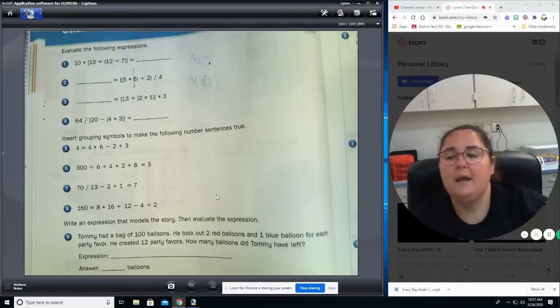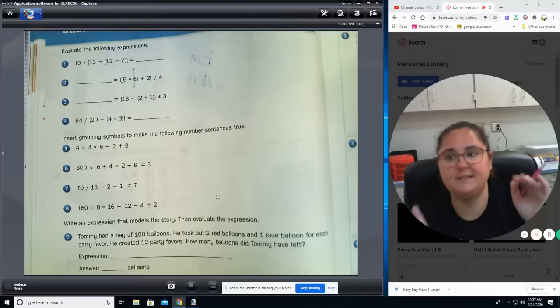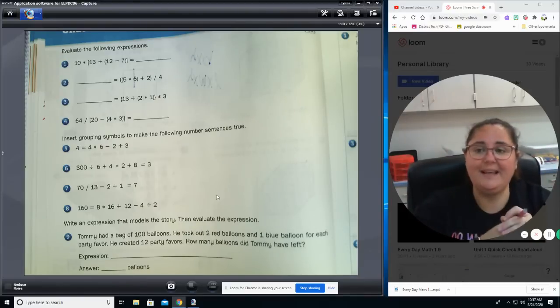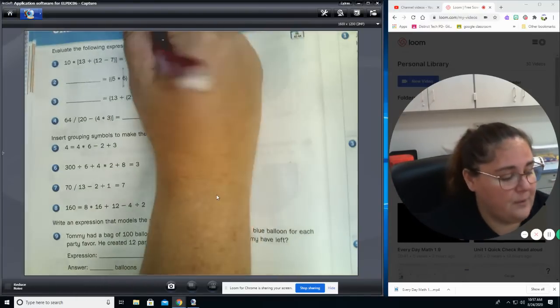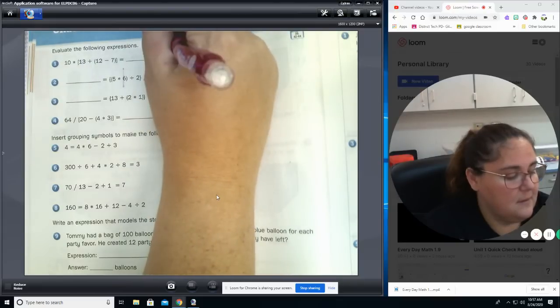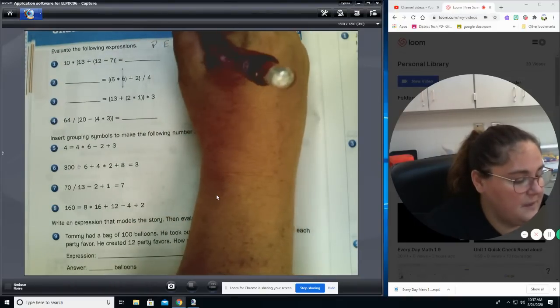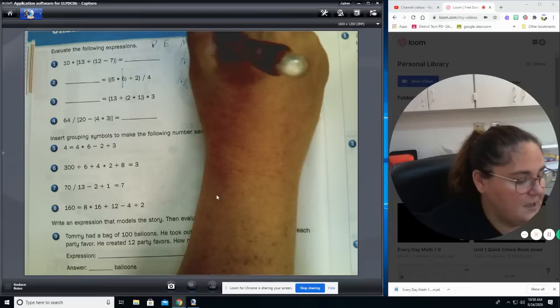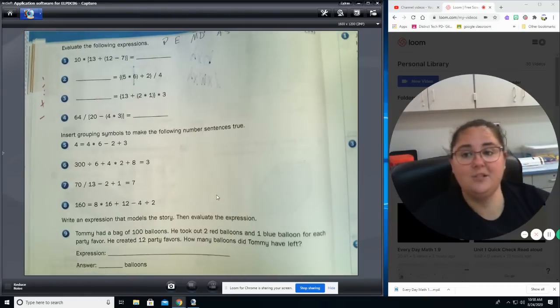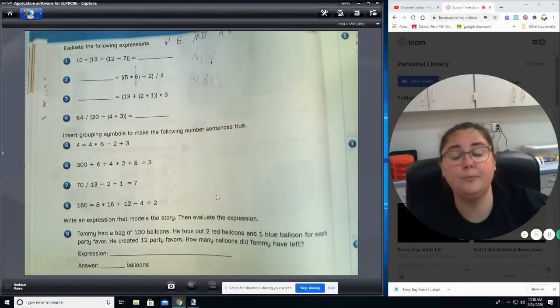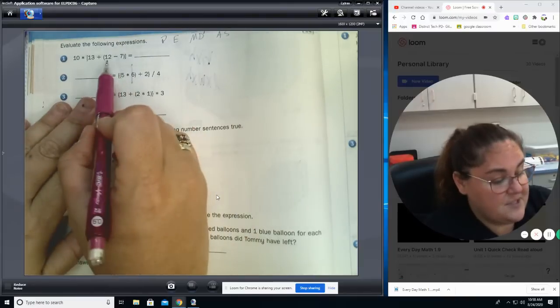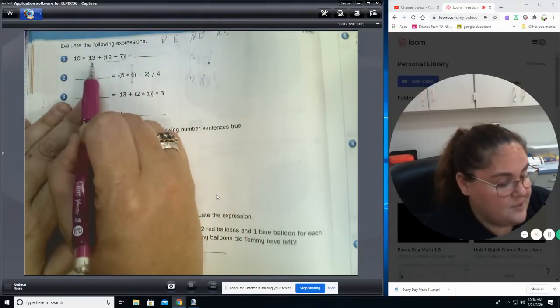So number 1, 10 times 12 plus 12 minus 7. So again, first we're going to do parentheses, and then exponents, multiplication, division, left to right, addition, subtraction, left to right. So I'm going to start with grouping symbols. And in this grouping symbol, I can see that there's a section here, and then also a section here.